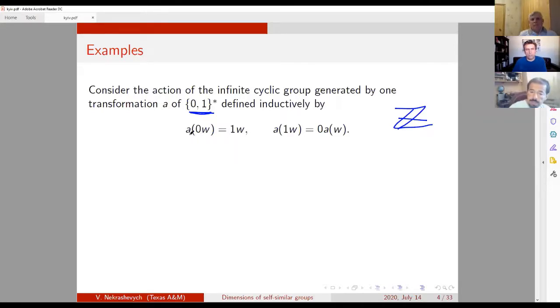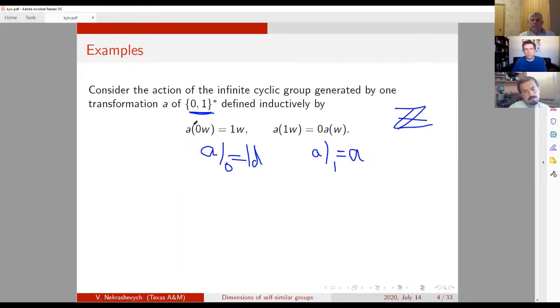So if A gets a word which starts with 0, it just changes 0 to 1. If the word starts with 1, then it changes 1 to 0, and then it acts by A on the tail. So you see that A at 0 is the identity, and A at 1 is A. So this is called the adding machine or odometer.